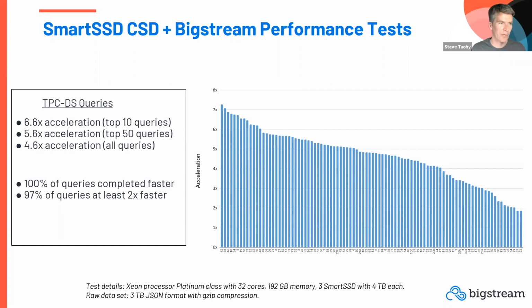So on average across the board, this is 4.6x acceleration, and as high as 7x, or 6.6x, for the top 10. So these are not applicable only to cherry-picked queries, even though Bigstream's approach is to focus on certain operators, those that we've identified as most prevalent in your average Spark job. This has wide applicability across different types, in this case of TPC-DS queries.